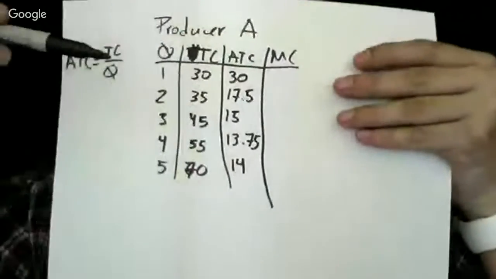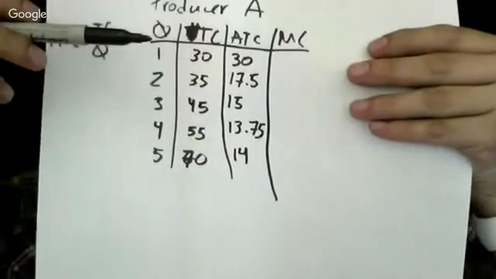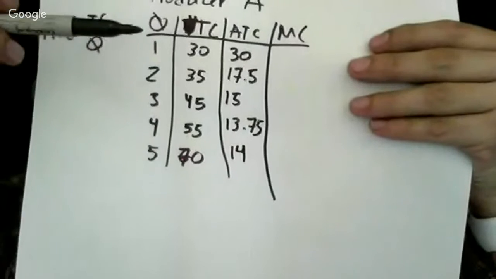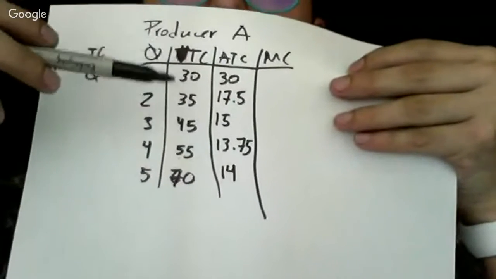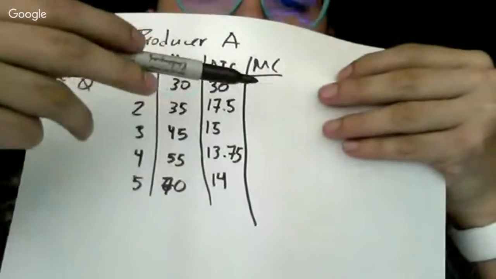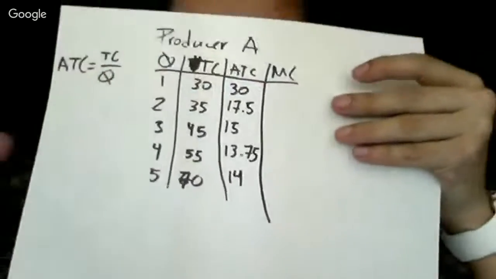So okay, we have our quantity and we have our total cost. What we do to calculate the marginal cost is we follow this formula.